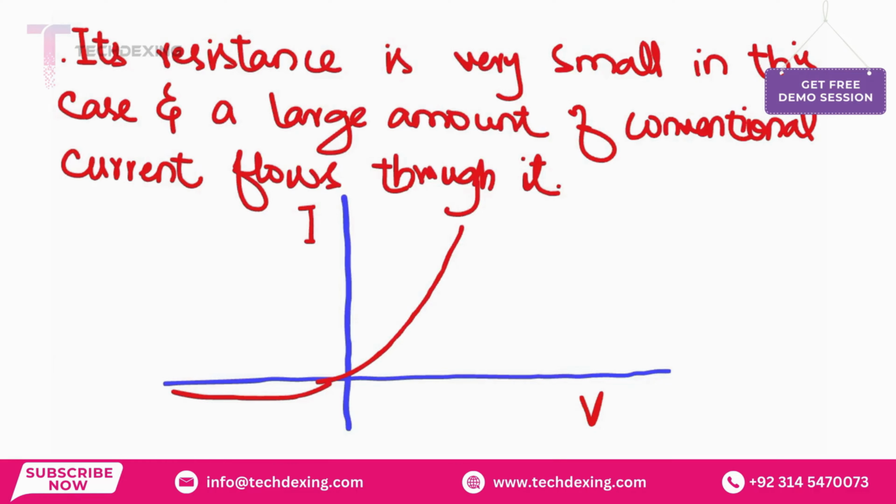This type of graph is given for the semiconductor diode. If we talk about the upper portion of the graph, I will mark it on the slide. This portion of the graph, from this point to this point, is considered for the forward biased manner.